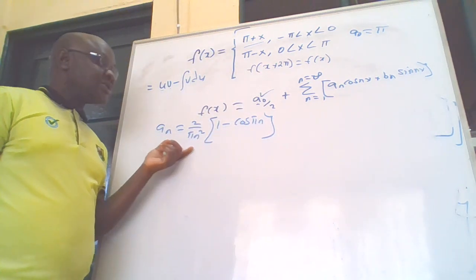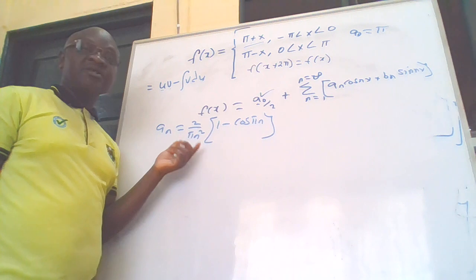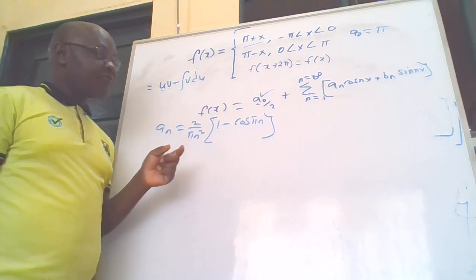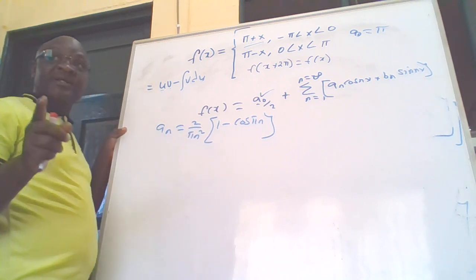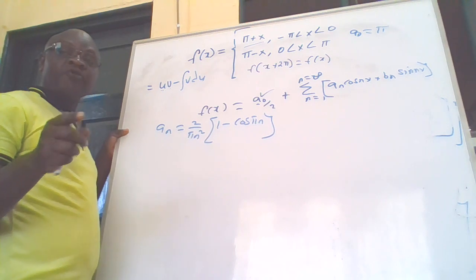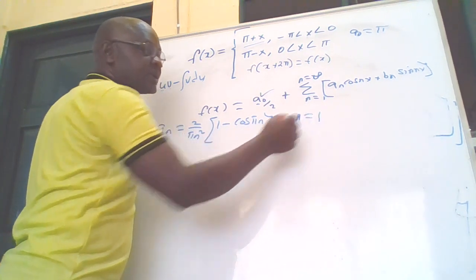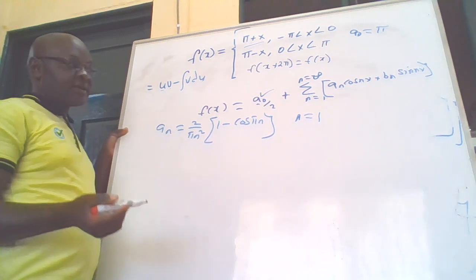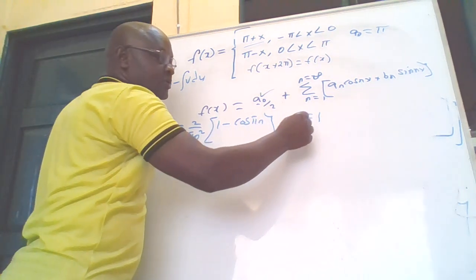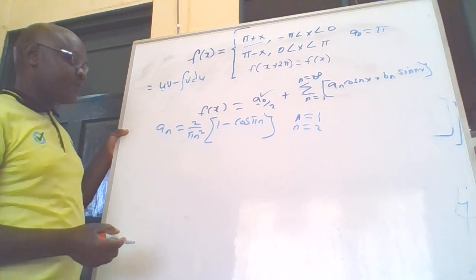Now, at this point, we now test for even and odd function. So when we are testing for odd function, we let our n, we normally test when n is 1. And then for even, when n is 2.